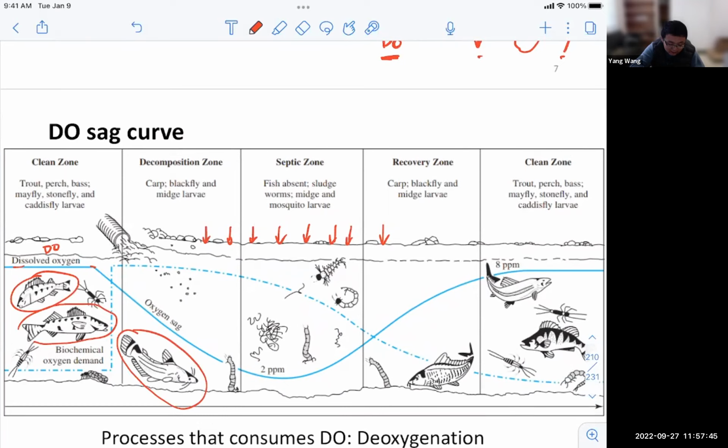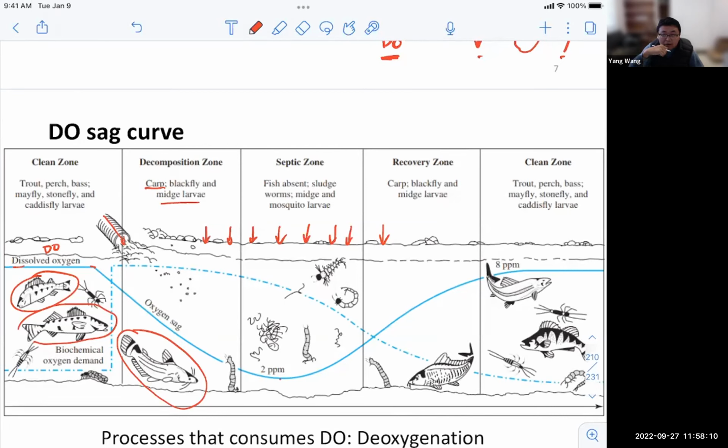But once you have this outflow, this sewage that has a higher BOD, the type of fish is going to change. Now you just have carp, which can live in this polluted water, but also some, let's say, insects in there. And further, as the dissolved oxygen concentration further decreases, then there won't be any fish inside anymore.